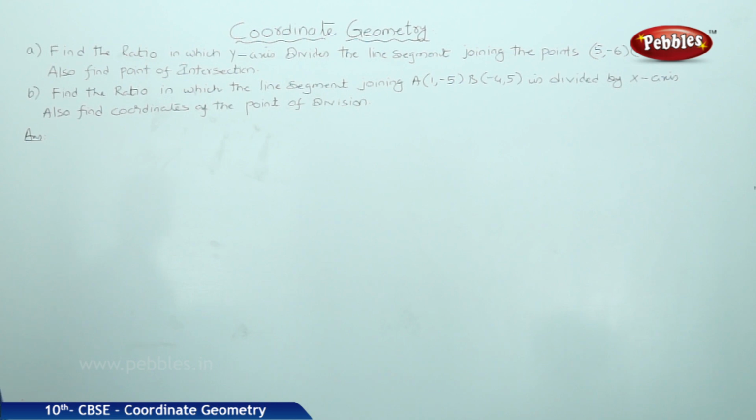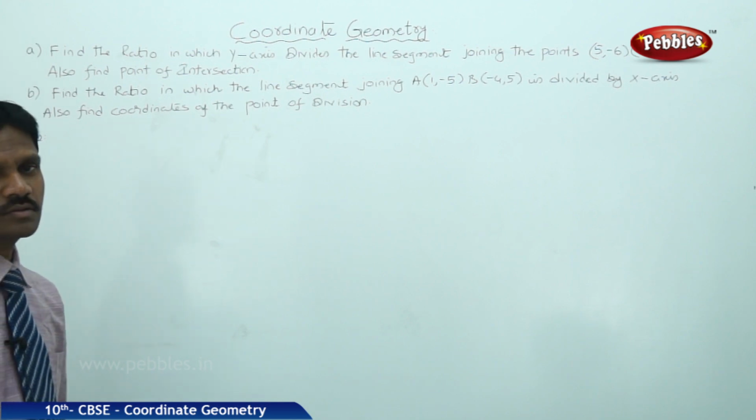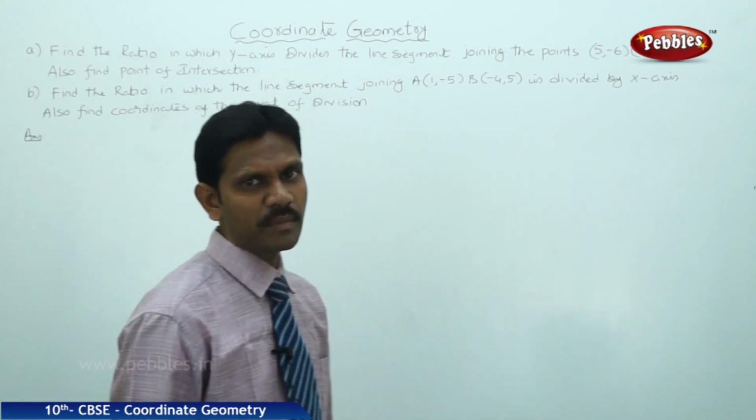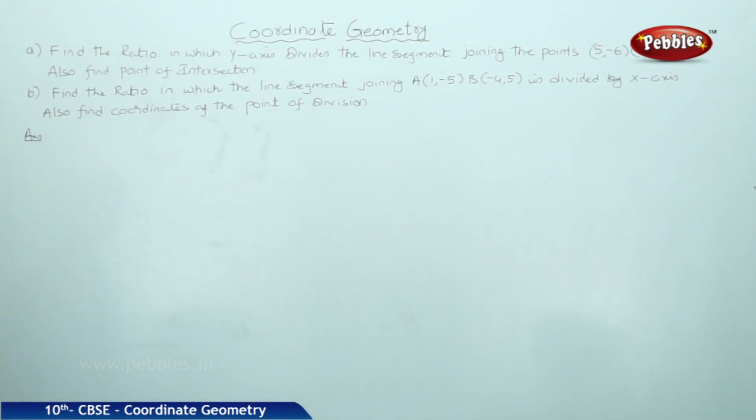Find the ratio in which the y-axis divides the line segment joining the points (5 comma minus 6), (minus 1 comma minus 4). Also find the point of intersection.